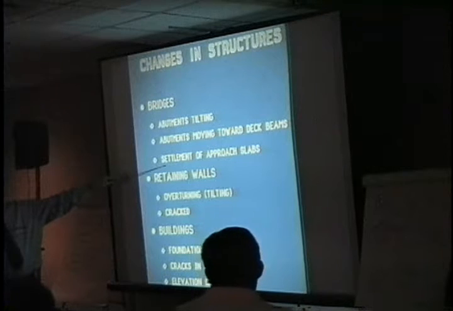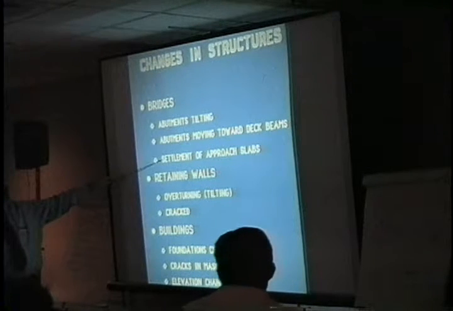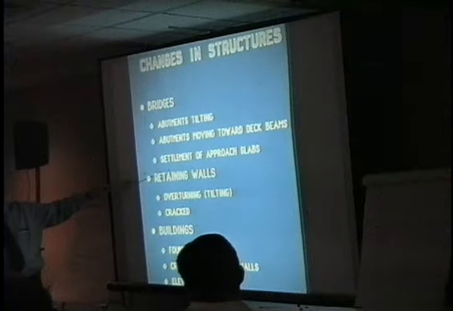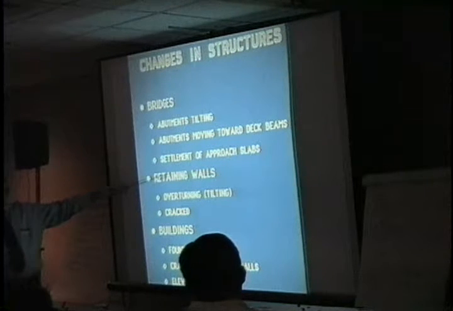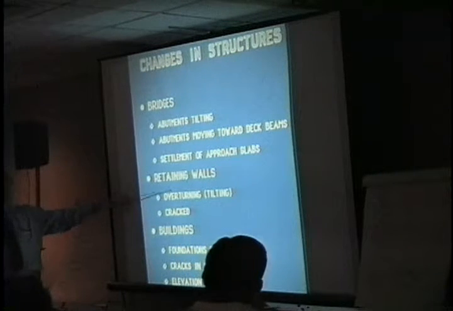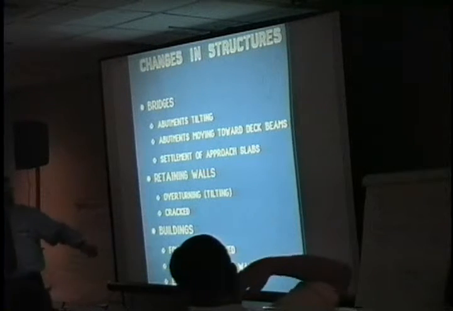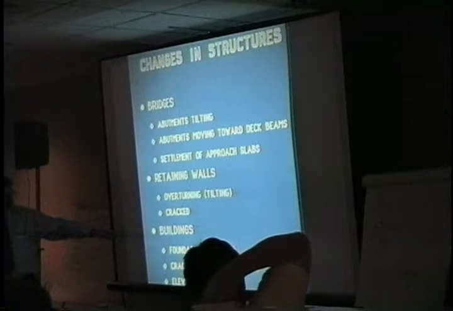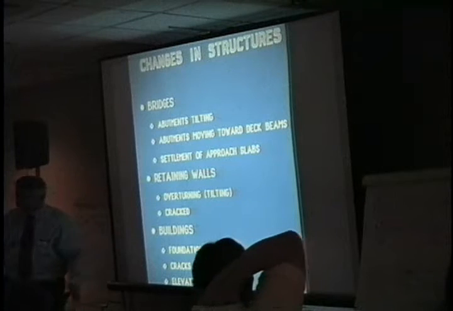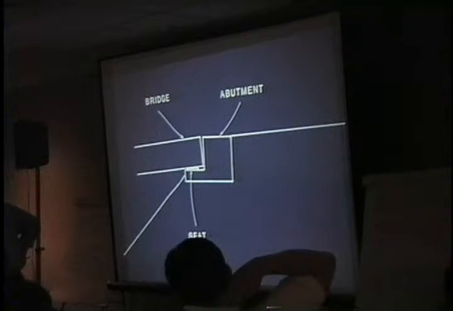Settlement of approach slab could be erosion or it could be soil settlement. In the embankment itself, you want to look at the side slopes and see what's going on. Retaining walls overturning, it might be tilting over, or cracks in a wall. And foundation cracks, masonry is very vulnerable. Concrete masonry is weak in tension.